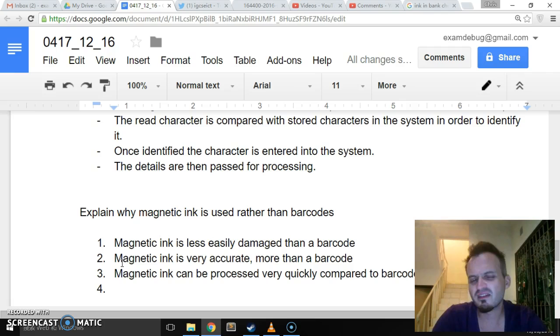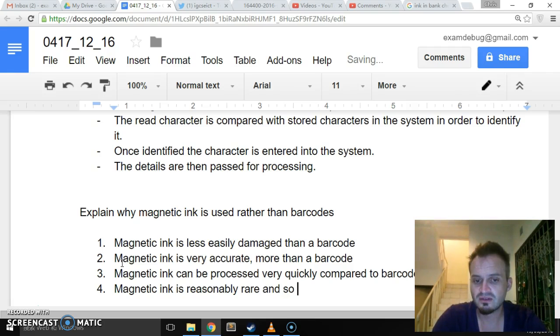And I think probably the last option, magnetic ink is reasonably rare, and so less likely to be forged.